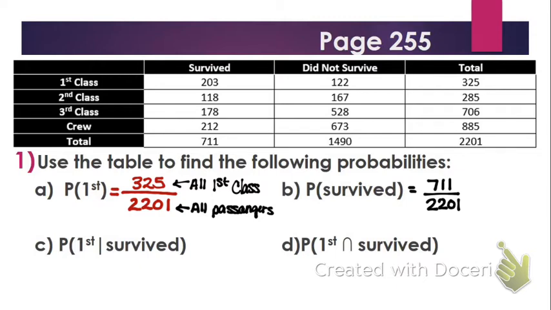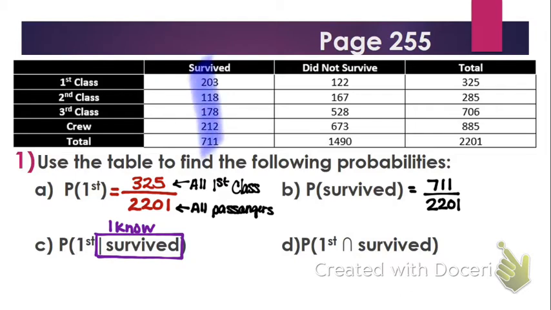What am I asking for in part C? Yes, so this part right here is telling me I know they survived. So what part of the table am I paying attention to for this probability? Just this first column.